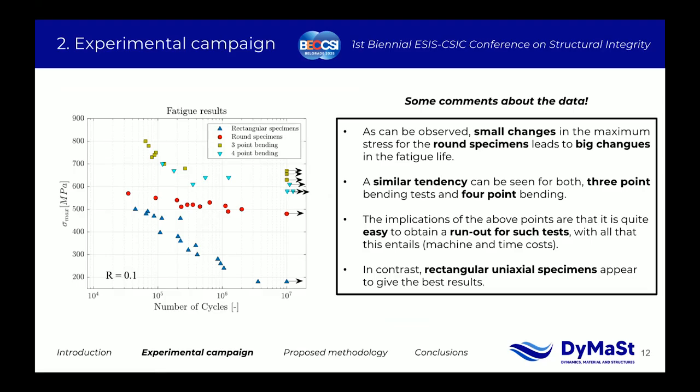We can also see a similar tendency when we test this material in the 3-point bending configuration, and the same is true for the 4-point bending configuration. As I commented, the implication is that it's quite easy to obtain run-outs with these configurations, with all that this entails.